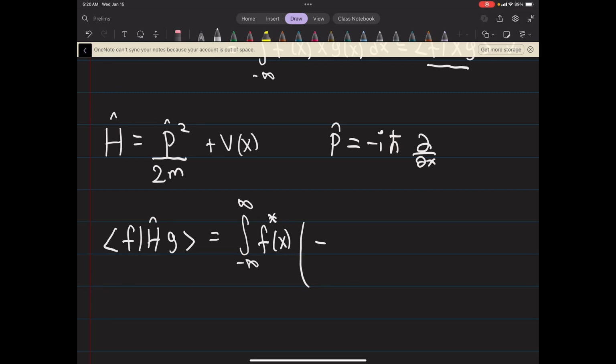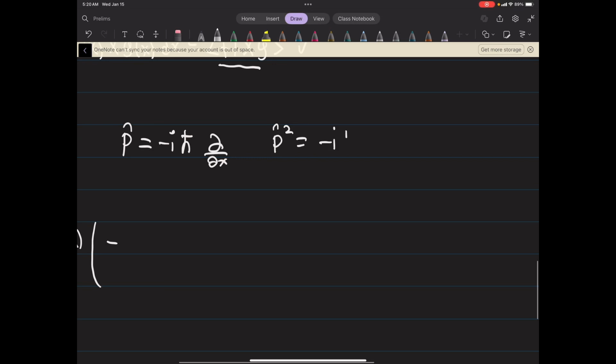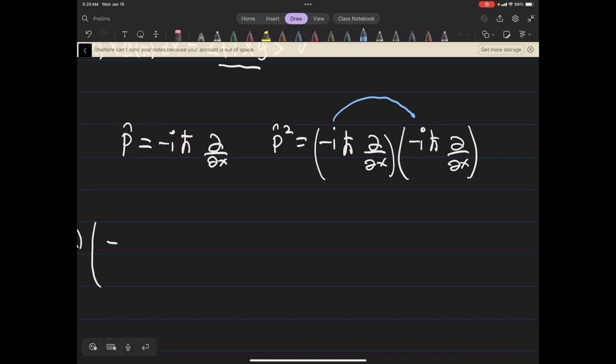So p hat squared, now on one hand the negatives cancel and you're left with i squared, which is negative 1.